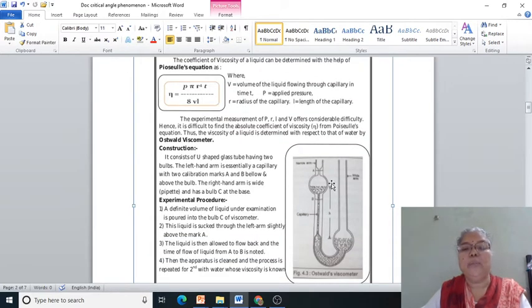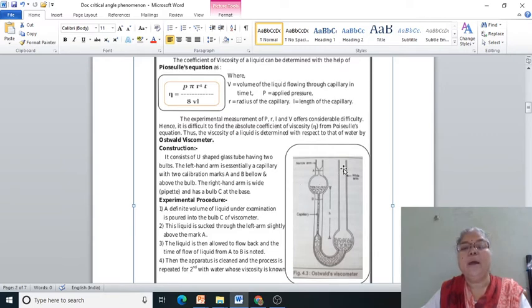This instrument is known as Ostwald's viscometer, and it is nothing but a U-shaped hollow glass tube provided with two glass bulbs. One glass bulb is situated at the base of the U-tube, and the other glass bulb is situated at the top of the U-shaped glass tube, and one bulb is slightly bigger than the other.